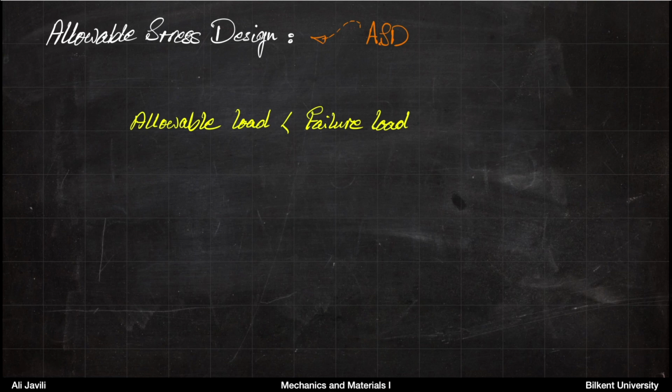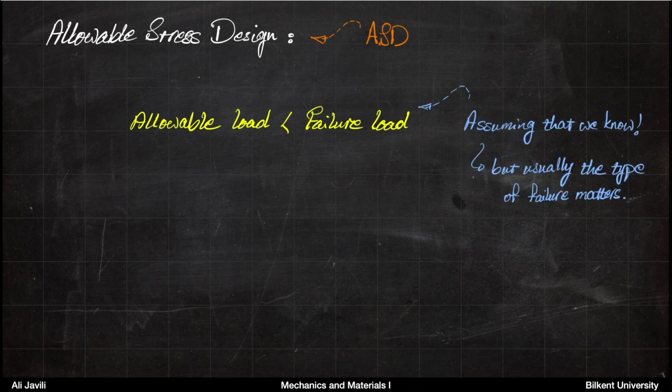If you want to have a design, you can imagine that the failure load must be larger than the allowable load. So basically, you should allow for less load compared to the load that would cause failure. This is very intuitive, and basically it's this inequality.